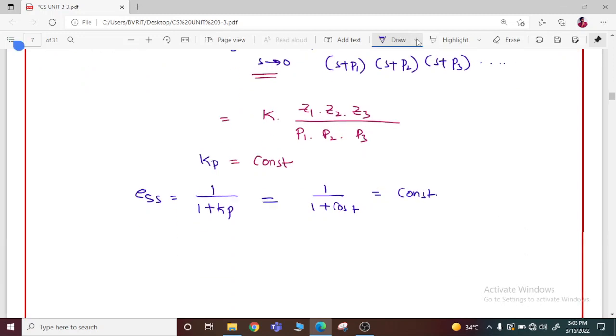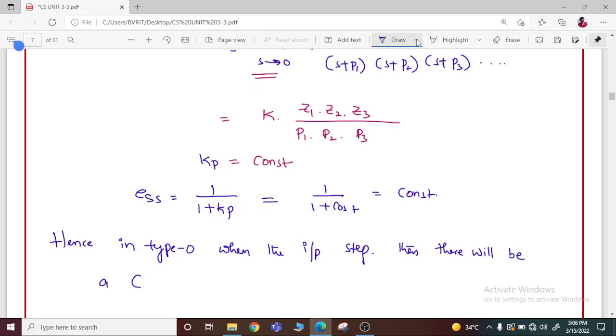So the conclusion is, in a type 0 system, when the input is a step input, then there will be a constant steady state error. This is the conclusion for type 0 system.